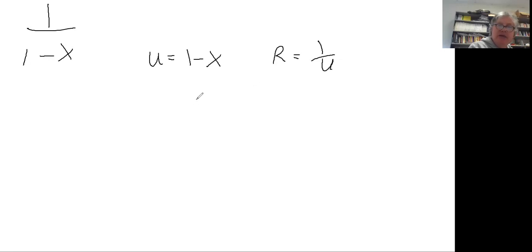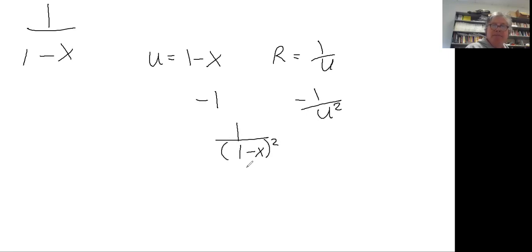So the derivatives are -1 and -1 on u squared. Multiply those things together, we get 1 over 1 minus x all squared. Okay, oops. Gotta learn how to do an eraser.